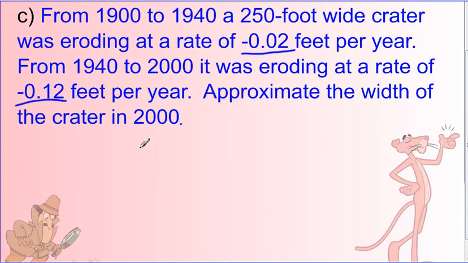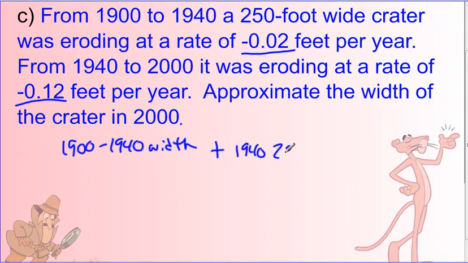Okay, so here's my verbal model. I have from 1900 through 1940 width. That's the first part I've got to figure out because this has its own little piece. It was 250 foot wide, and then it was eroding by this much. So every year in this 40-year span, it was getting bigger by 0.02 feet each year. And then from 1940 to 2000, it got wider faster, this 1.2 feet.